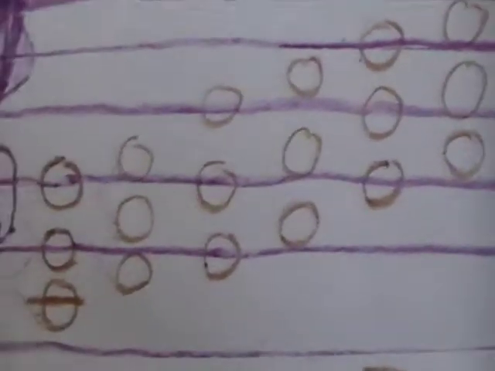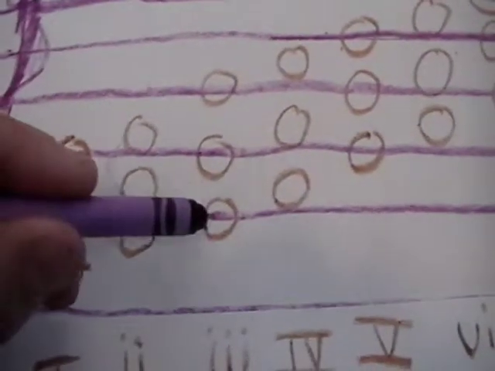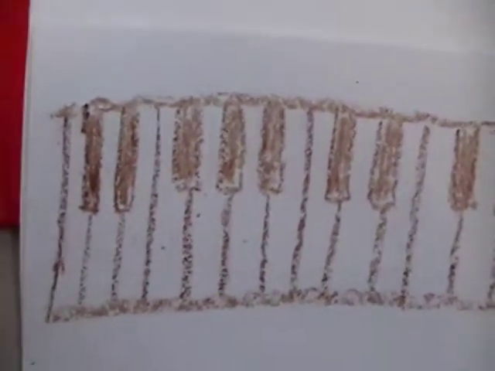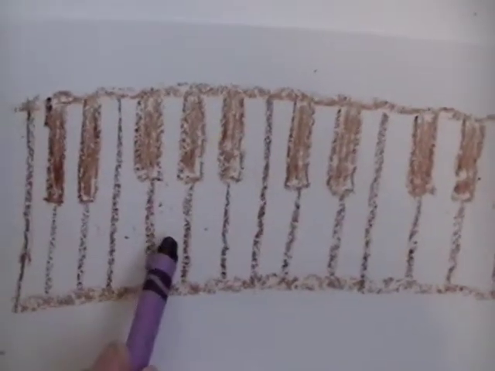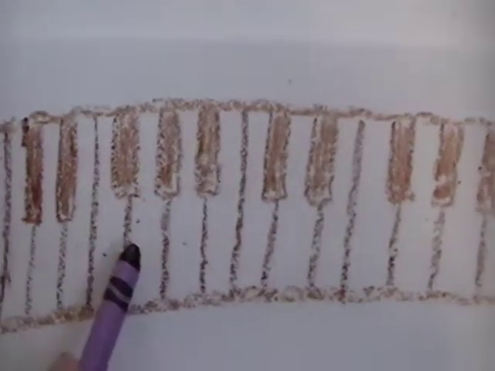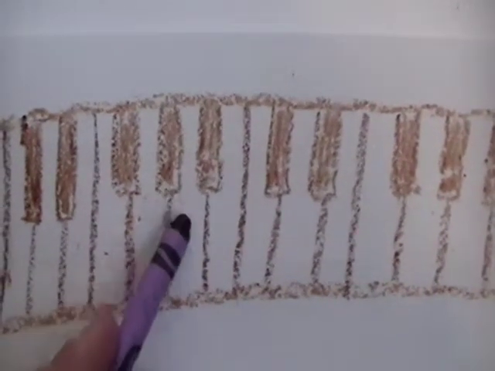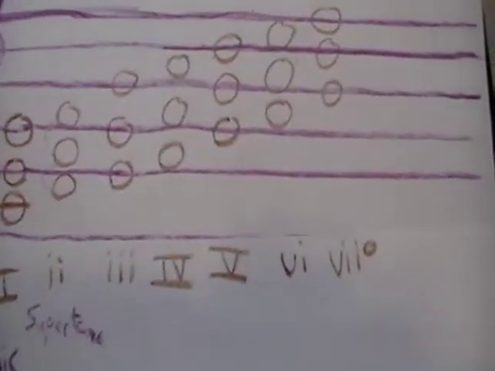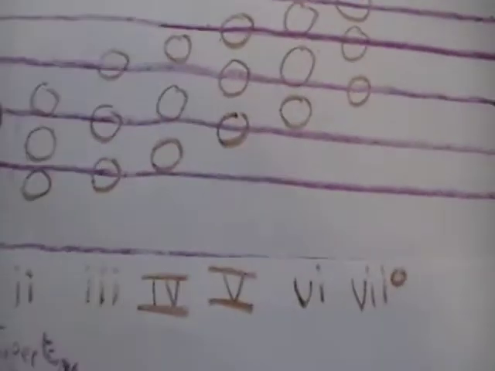Now we have to go G to B. B would be here. So G, half, half, half, half. Four of them, so that's the same thing. It's a minor chord, a minor triad. And the name for the 3 chord is mediant.